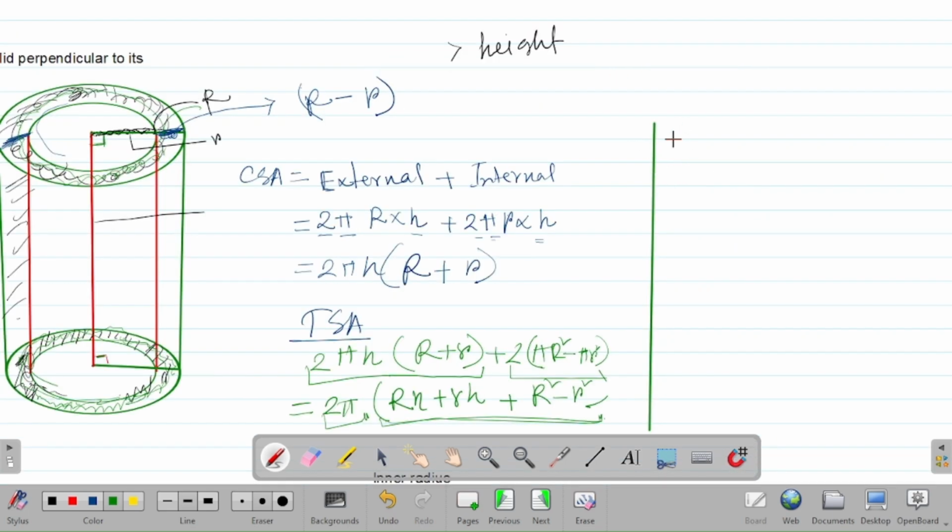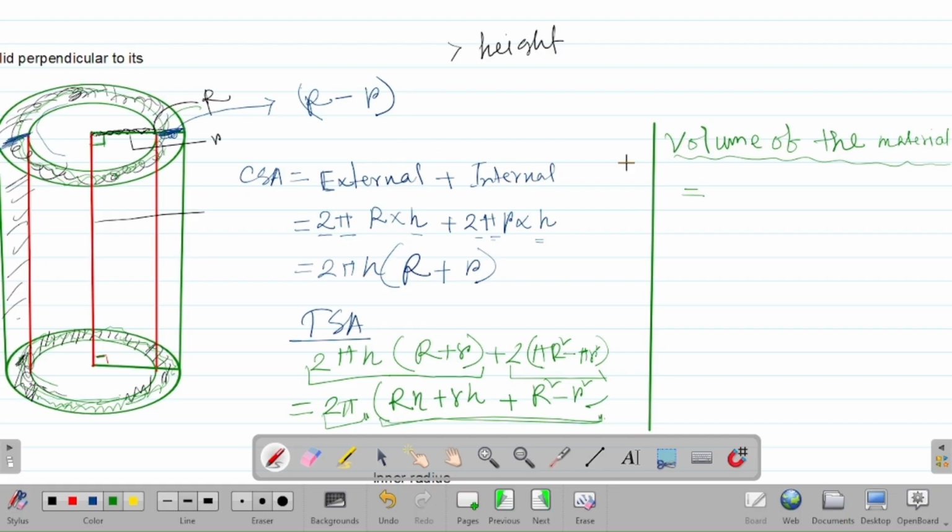Now let's find the volume of the material. The volume of the material would be the outer volume of the cylinder minus the inner volume, that means the hollow volume of the cylinder.